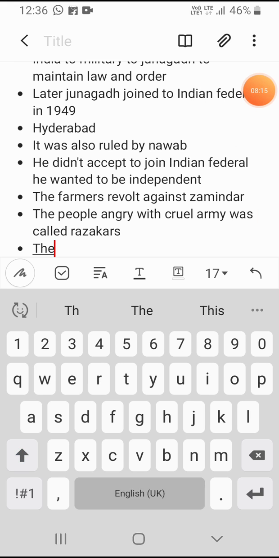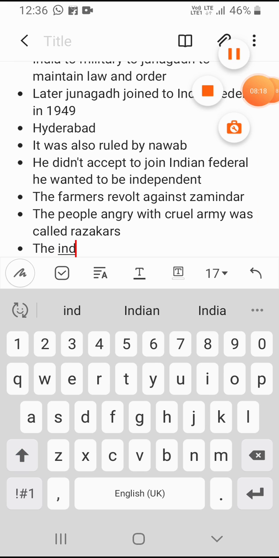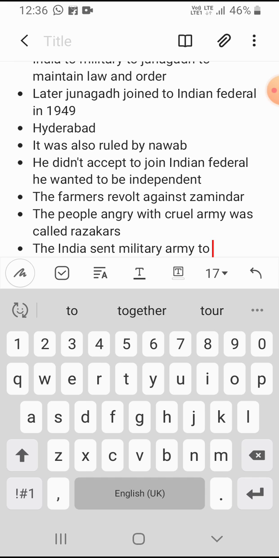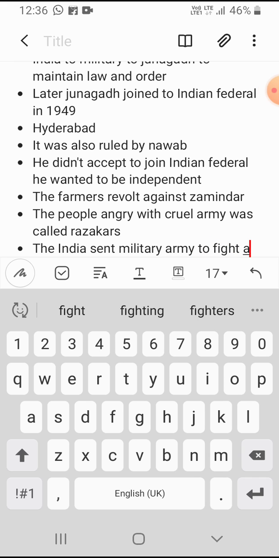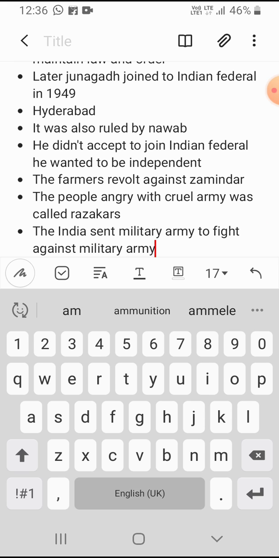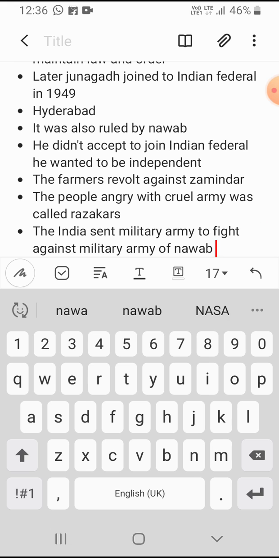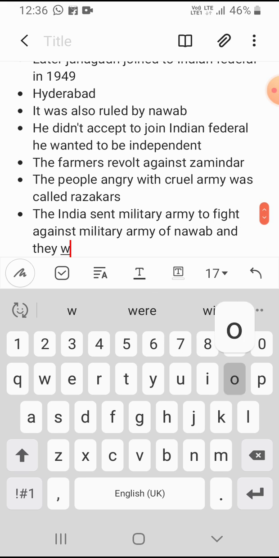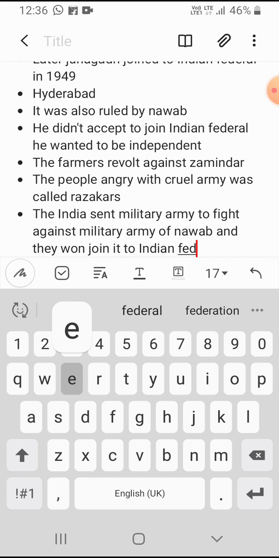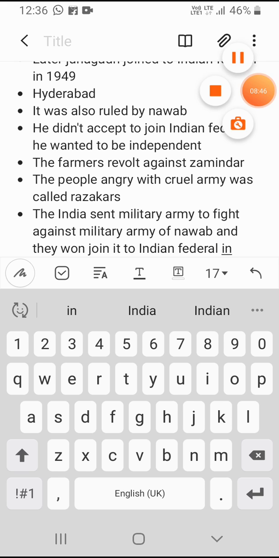But India sent a military army to fight against the military army of the Nawab, and they won and joined it to the Indian Federal in 1948.